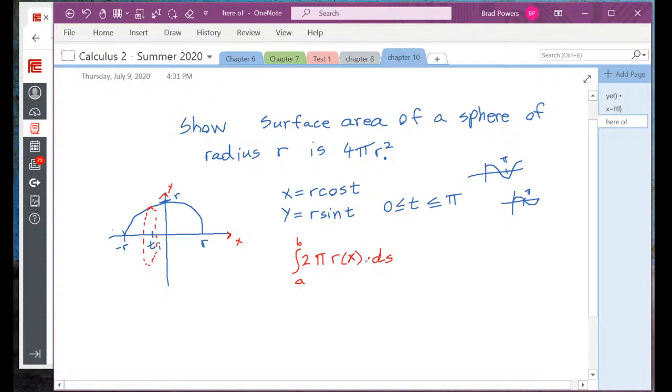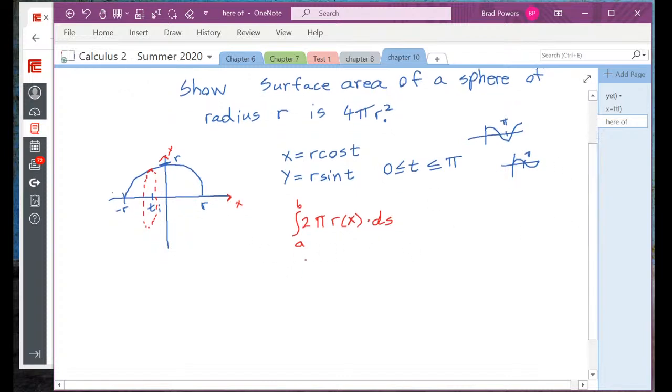Okay, so for us, we're going to do the same thing. We just went over a formula for arc length, and our r in this case is the y value, which we got right here. So our surface area is going to be the integral from 0 to pi of 2 pi, and in this case y, times that length, ds.